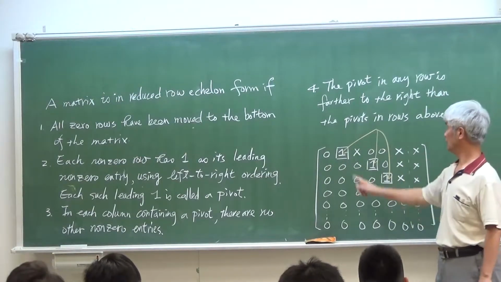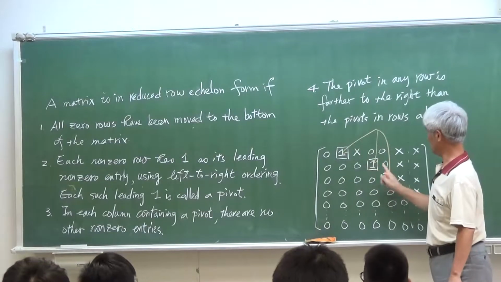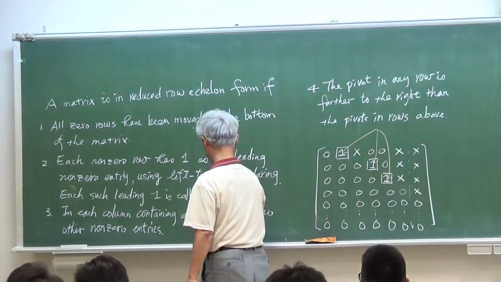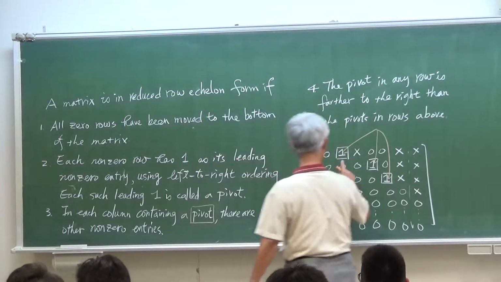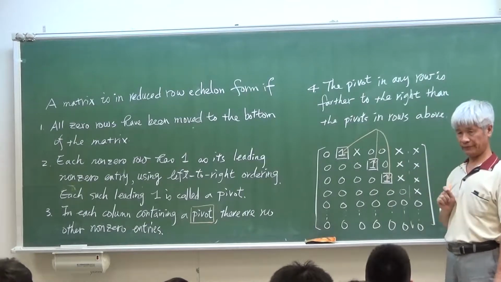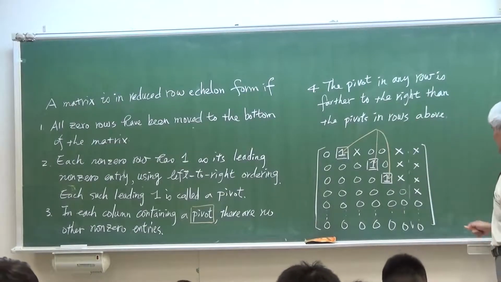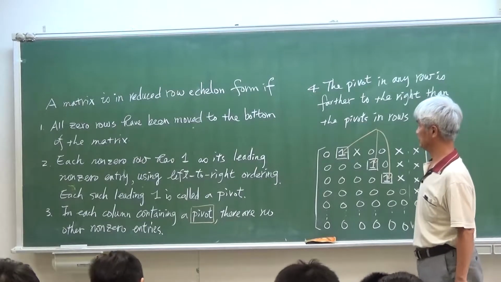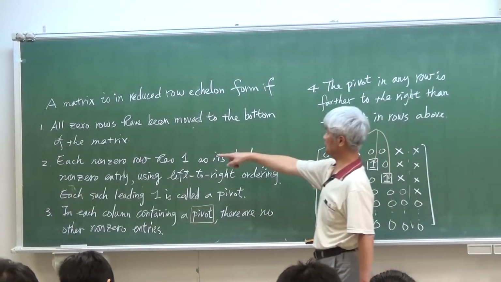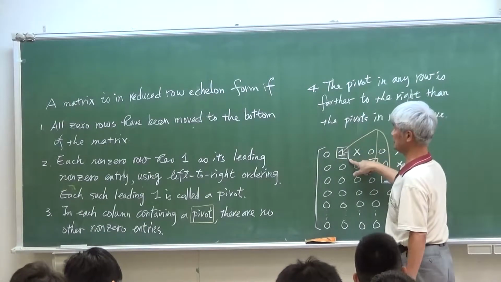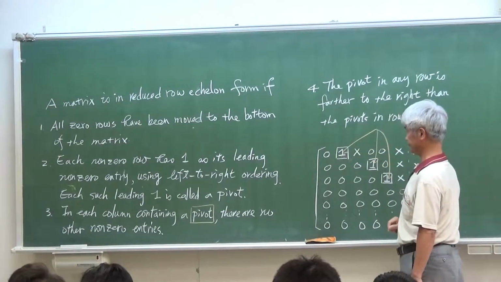And those 1s here will be called pivots. So this one is a pivot, this one is a pivot, this one is a pivot. Each non-zero row has 1 as its leading non-zero entry.